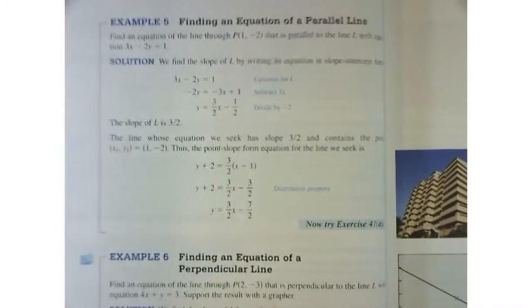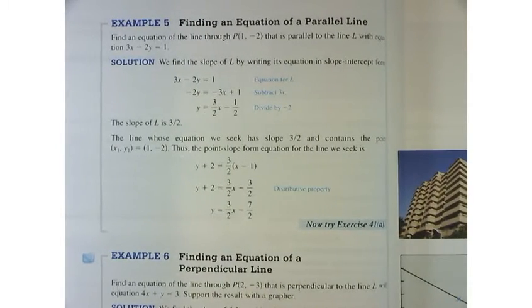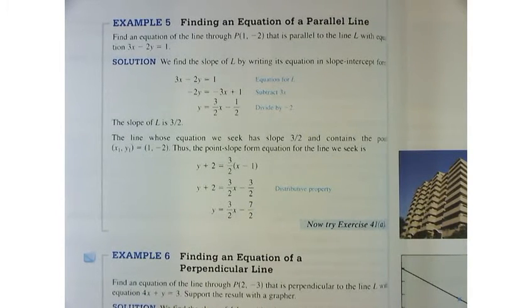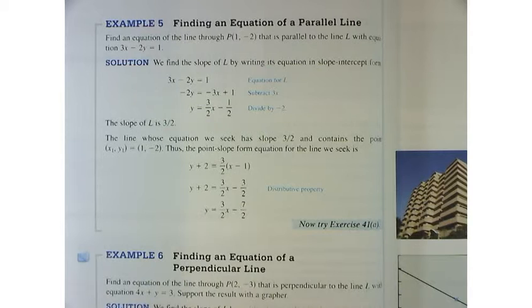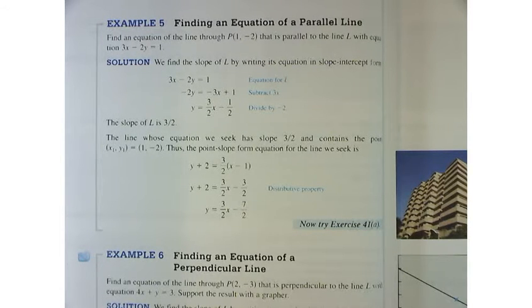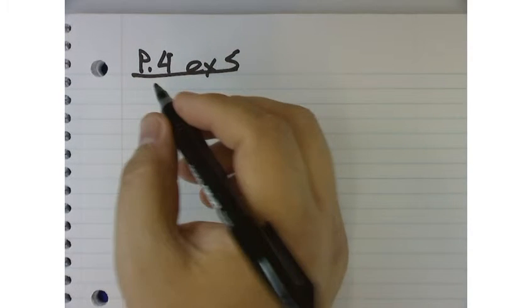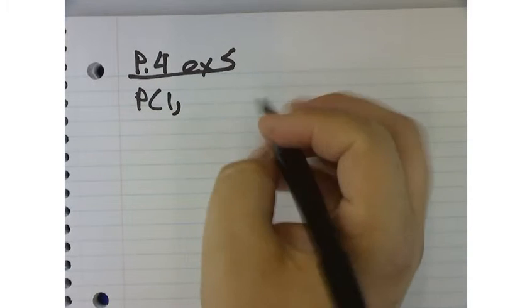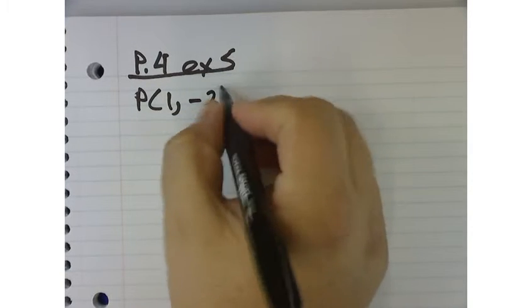It says, find an equation of a line through P, which is at 1, -2, that is parallel to the line L with the equation 3x minus 2y equals 1. And then we'll do the rest, okay? So let me write down the information that I just read. We have a point P that occurs at 1, -2.